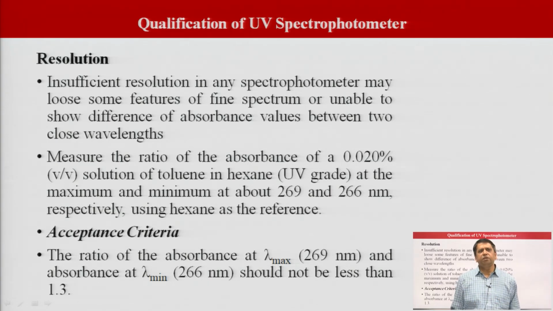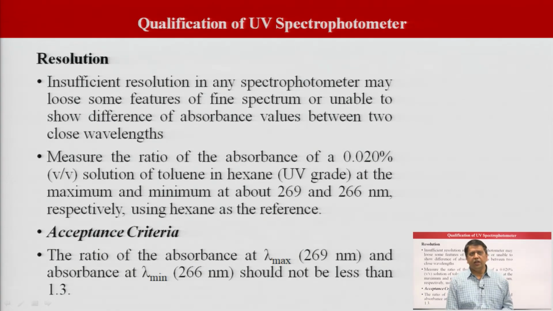So, what is the acceptance criteria in this case? The ratio of absorbance at lambda max of 269 nanometer to the absorbance at lambda minimum of 266 nanometer should not be less than 1.3.